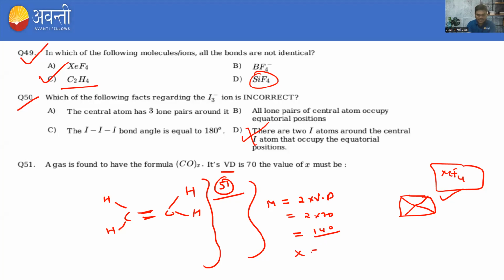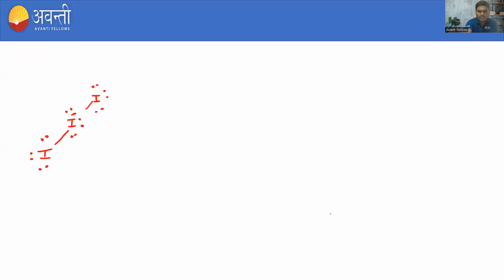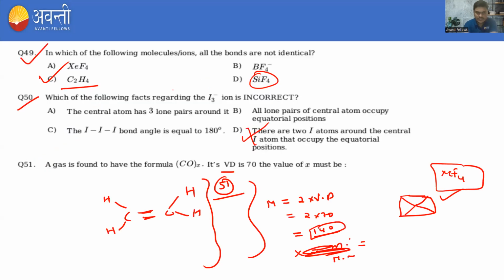Okay. Now what is x? x is equal to mass upon molecular mass. So just put the value. We calculated the molecular mass here, right? That comes out to be 140. Now, we know that in this question they're asking COx.